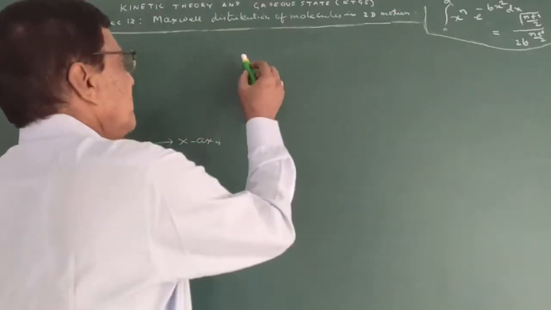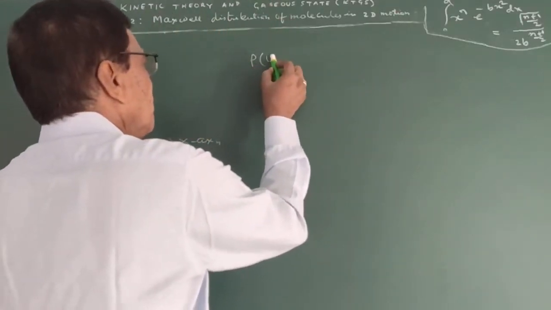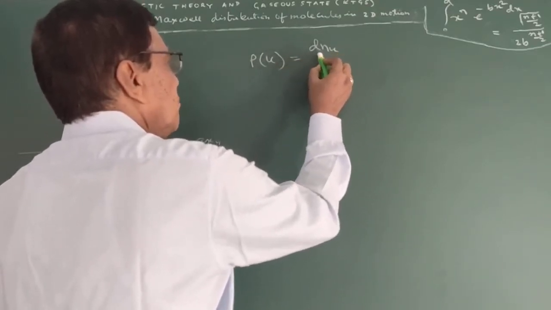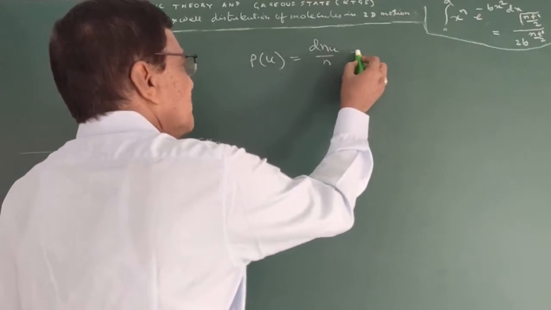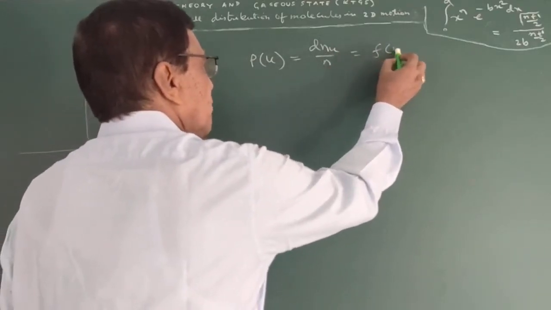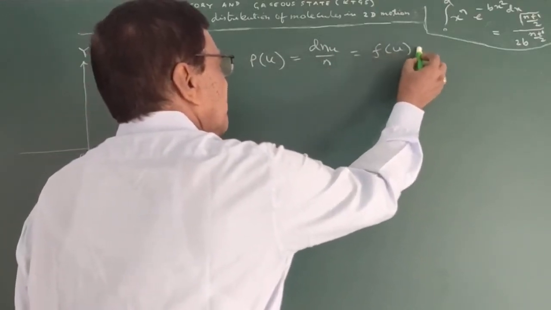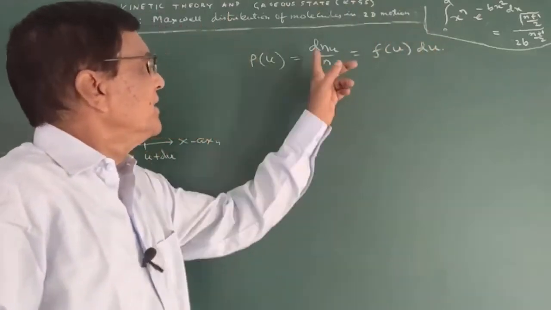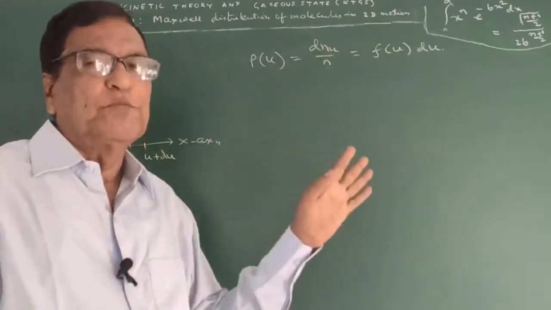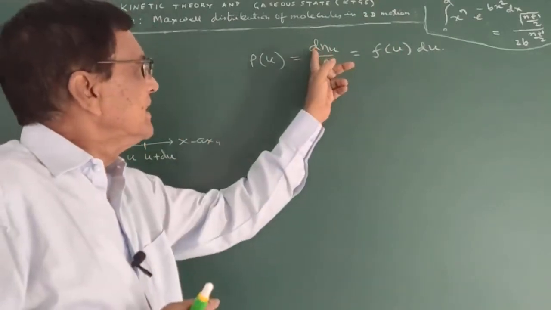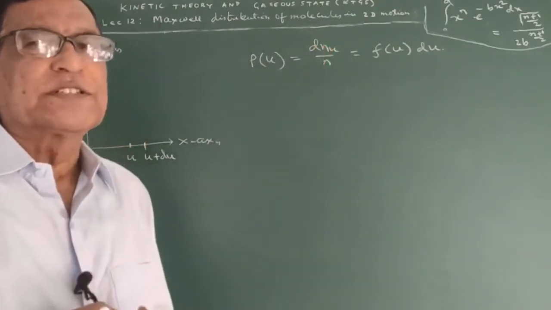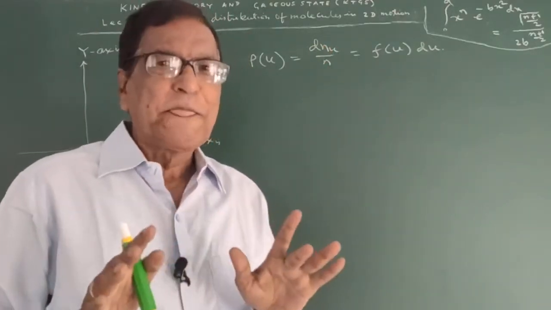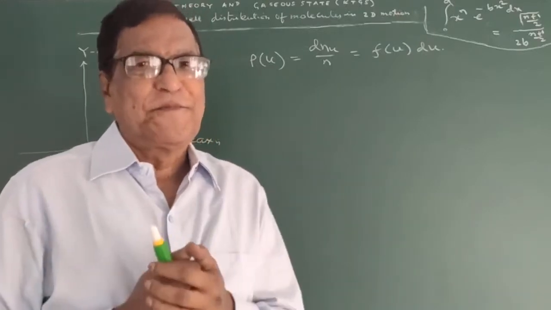It is denoted by P(u), and P(u) equals dn_u by N, a function of u and the range du. dn_u is the number of molecules having this x component velocity u within the range du.